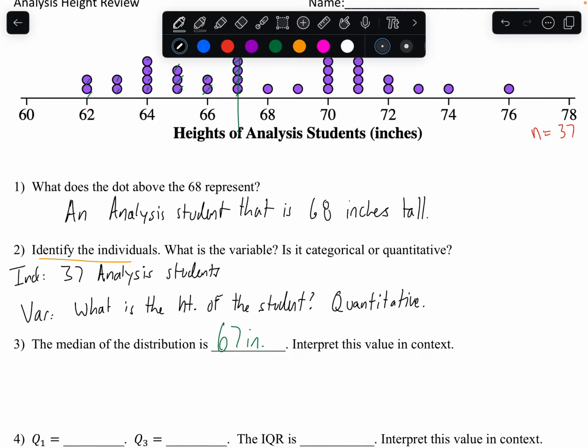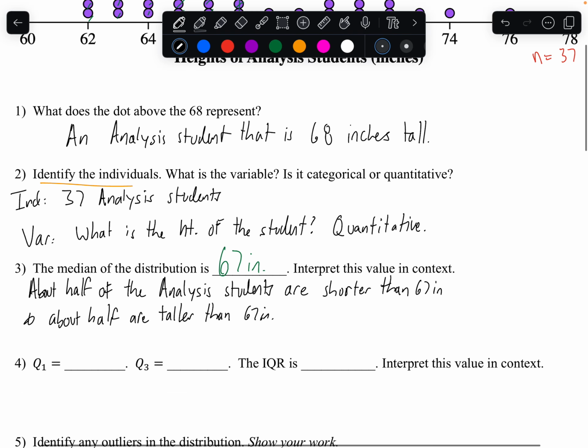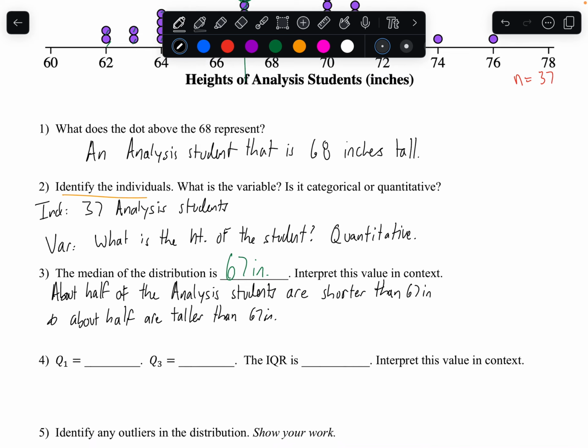So the interpretation there is that about half of the analysis students are shorter than 67 inches, and about half of the students are taller than 67 inches. So there's interpreting the median.